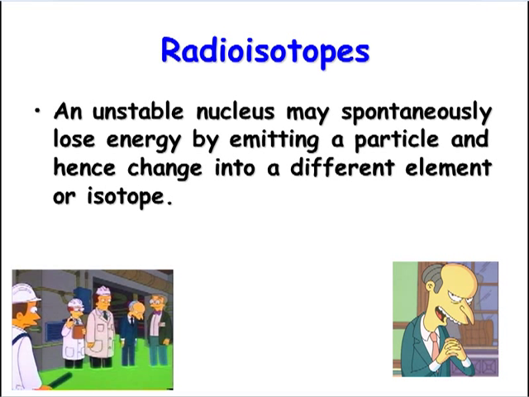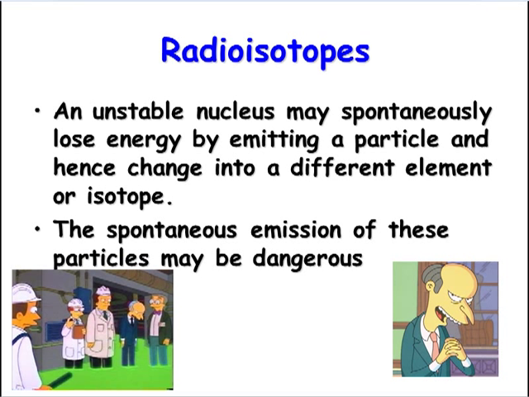Now, often the particles that are emitted may be quite dangerous. There are a few natural radioisotopes, but many of them are in fact produced artificially, and mostly for medical or industrial uses. But we'll talk a little bit more about that later.